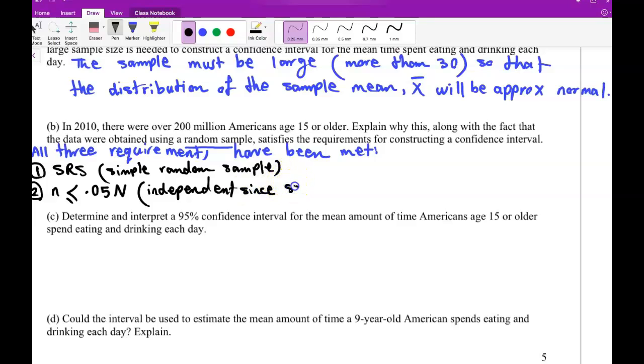Since sample size is small, what was the sample size? Sample size was 1001, and here population is 200 million. So it's small compared to population.